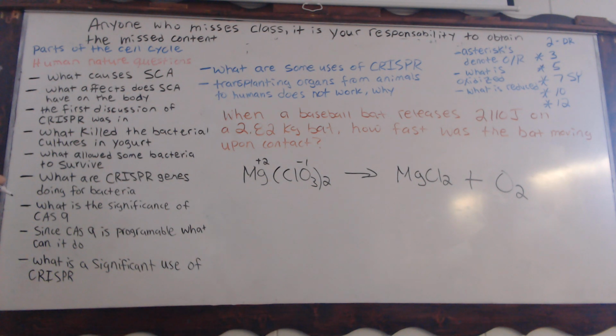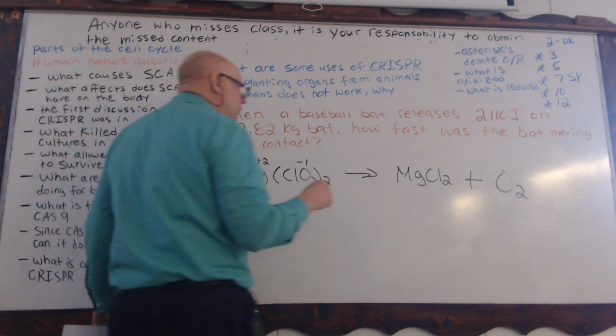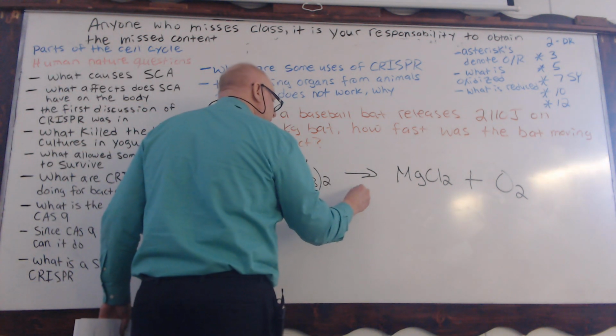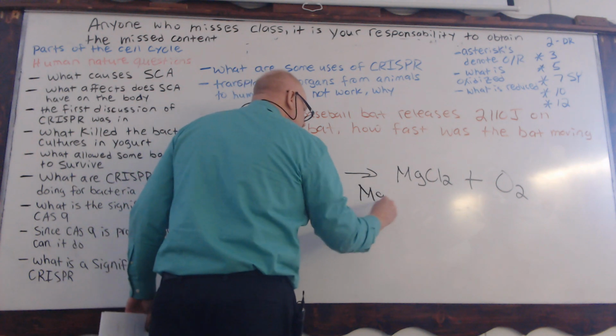There's not a whole lot to it though. So write the elements out, or you just want to use trial and error to balance it out? Write the elements out. Okay, so what elements do we see? Magnesium, chlorine, and oxygen.